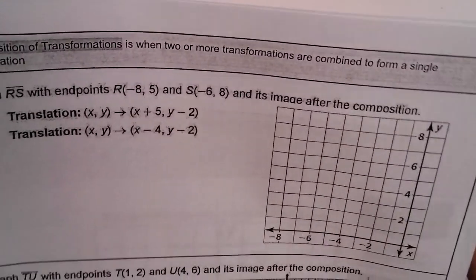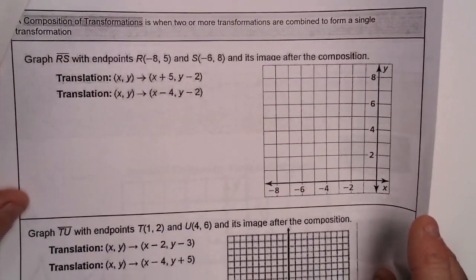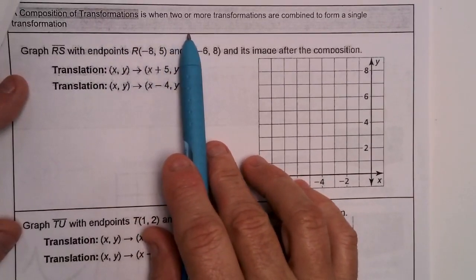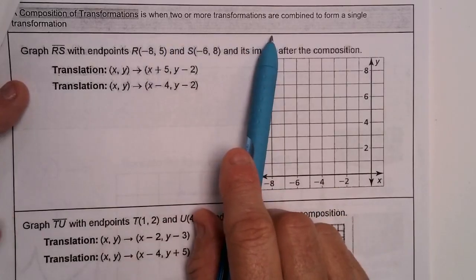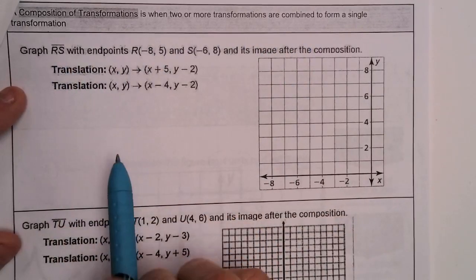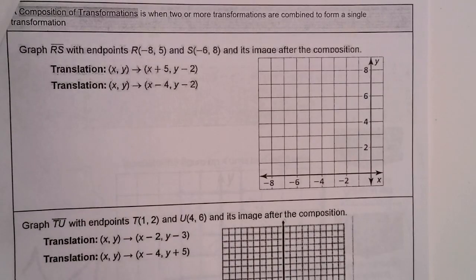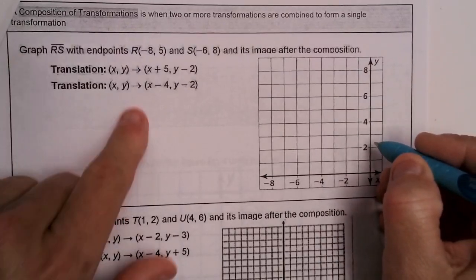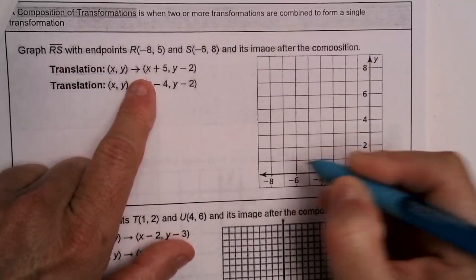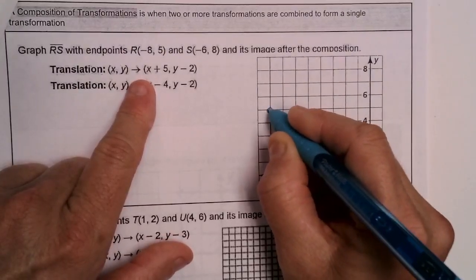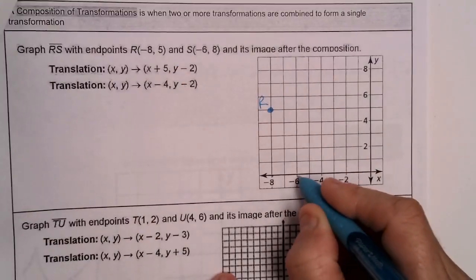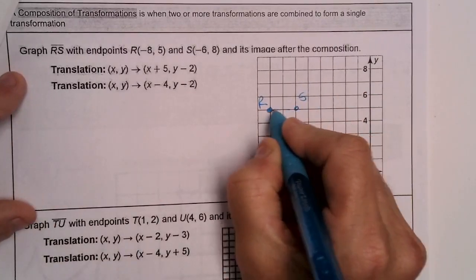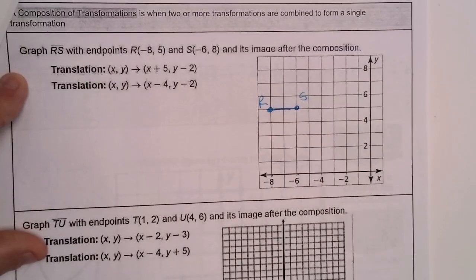Last example is how we do a composition of transformations. A composition of transformations is when 2 or more transformations are combined to form a single transformation. In reality, you're doing one after the other. Here our starting points, let's graph this out: (-8, 5) is R and (-6, 8) is S, so we have a segment RS.